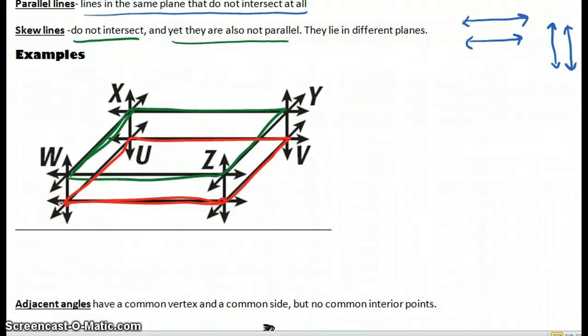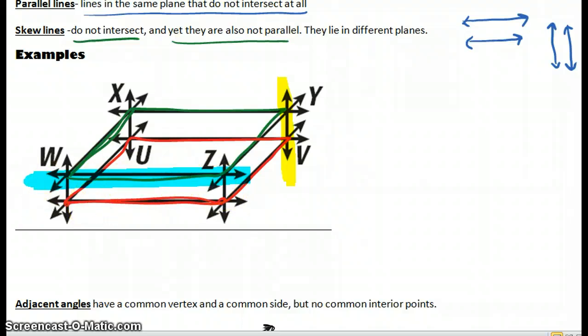So you can tell that if I were to highlight line YV, it will never touch line WZ. Line YV is behind, and it will go up and down behind like the back wall of a room, and WZ is in front like the door that you're going to be walking into, the wall on that.